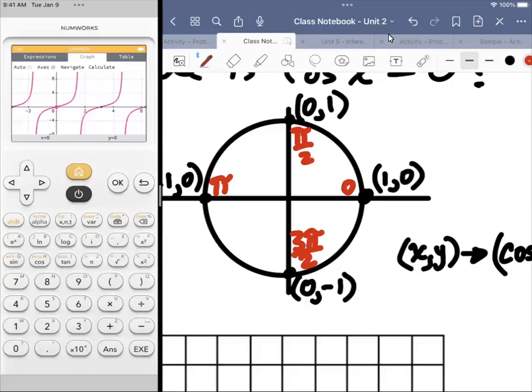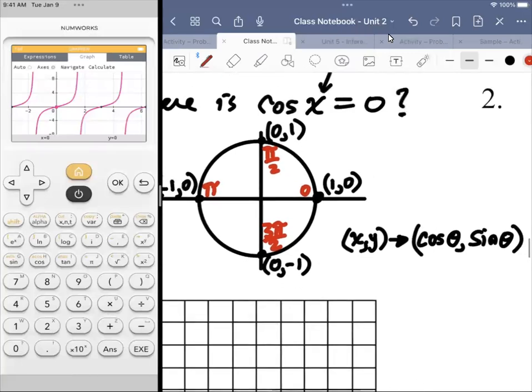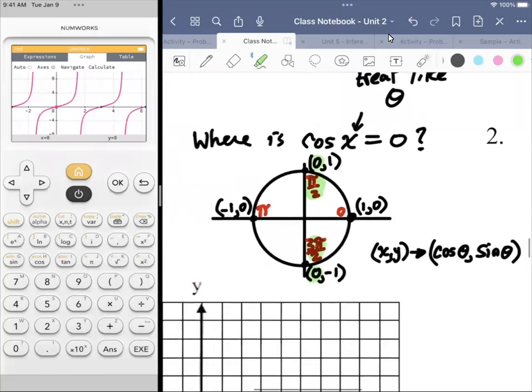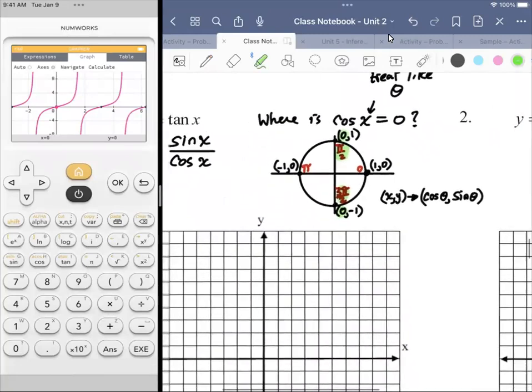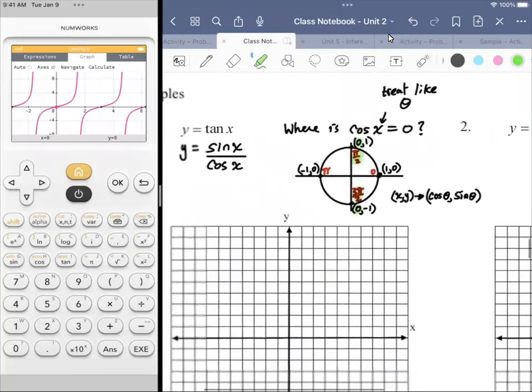The ones that have 0 as their x value, those will be the relevant ones. So cosine is equal to 0 at pi over 2 and 3 pi over 2, among other places, but that's enough to get us going.